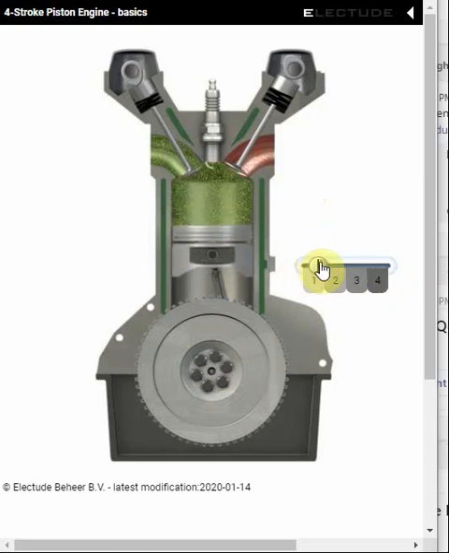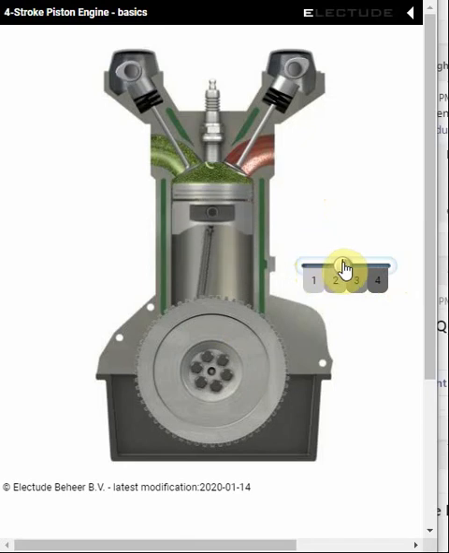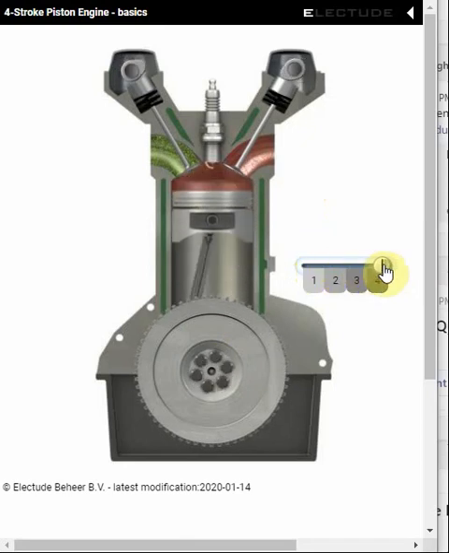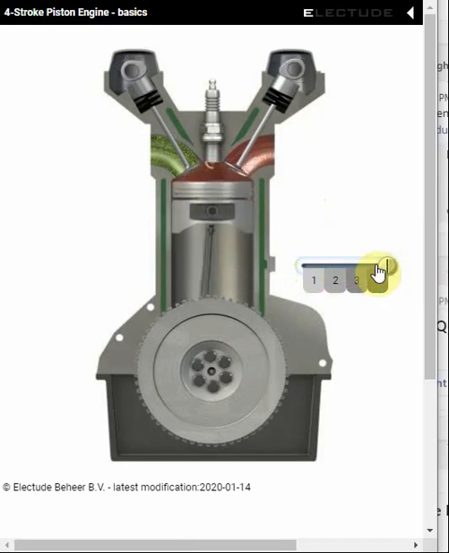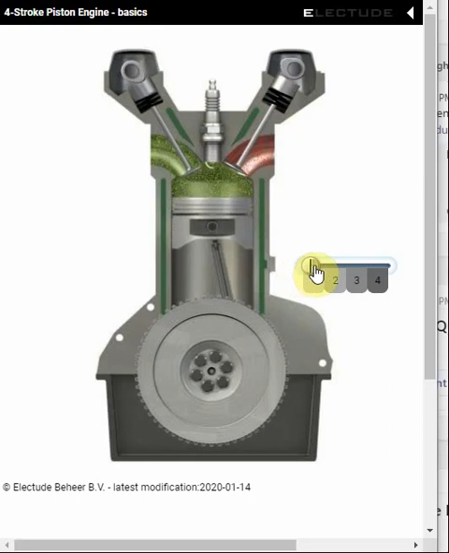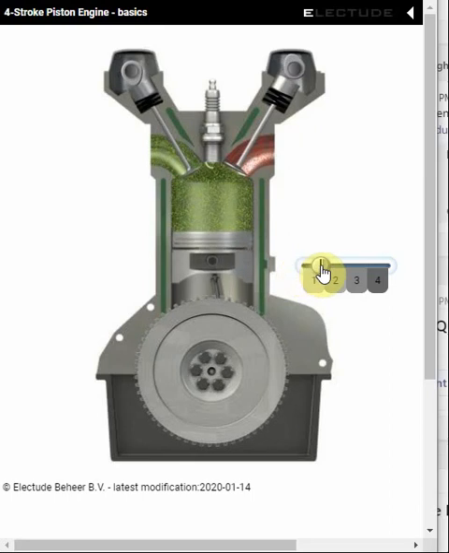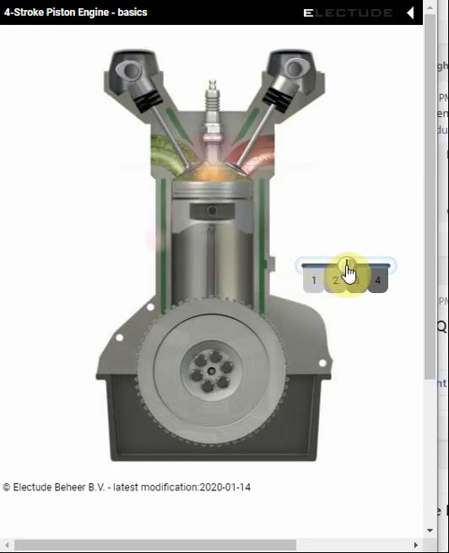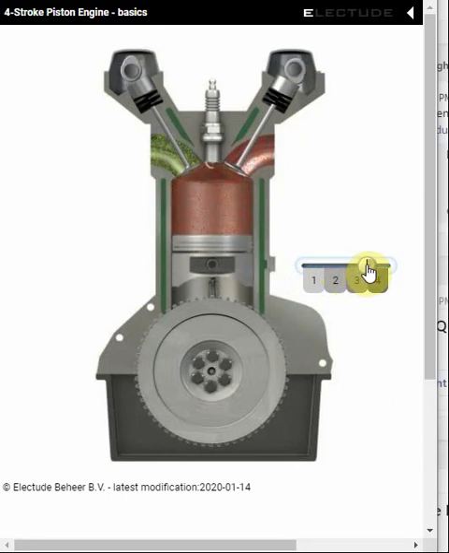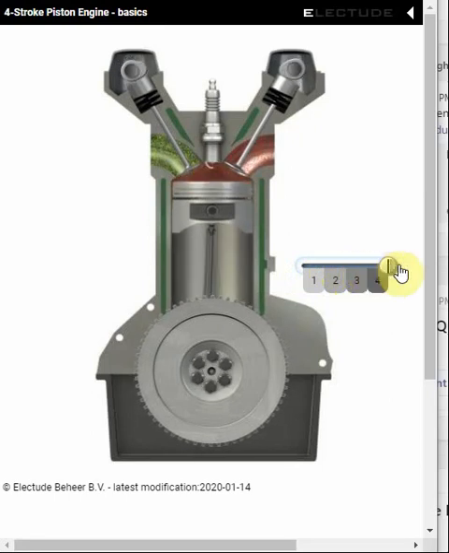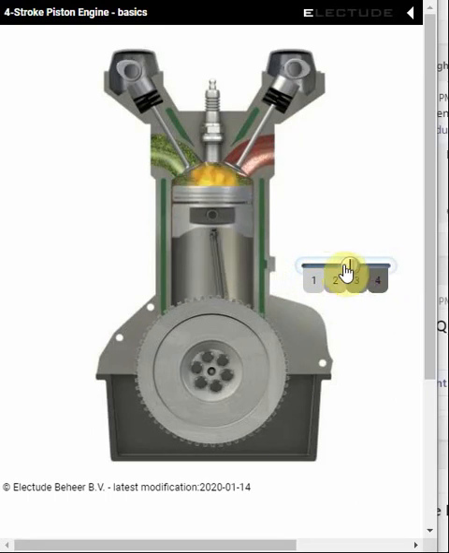Each stroke's 180, plus 180, plus 180, plus 180 is 720. Okay, 180, half revolution. 180 again, 360 degrees, 1 full revolution. Another 180, another 180, 720. 720 degrees, 2 full revolutions of the crank.